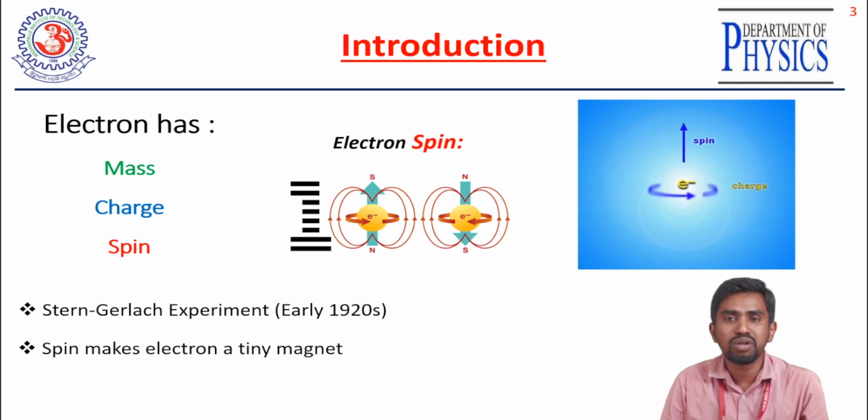In Spintronics, the word spin is there. You are very familiar that an electron has mass, charge, and spin, and we have mostly used mass and charge.